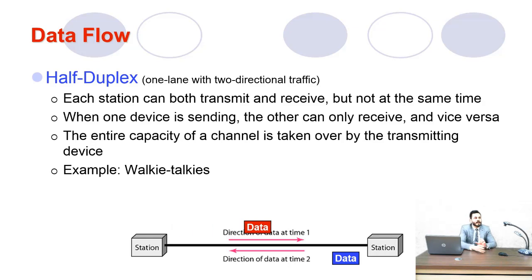When the first device sends data to the second device, the second can only receive, but it can't send at the same time. When the second device sends information to the first device, the first can only receive. Got it? I can give you an example: the walkie-talkie. Each of you has maybe seen that device, right? That device uses the half duplex system.